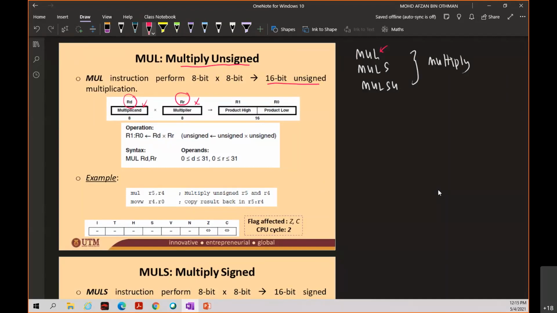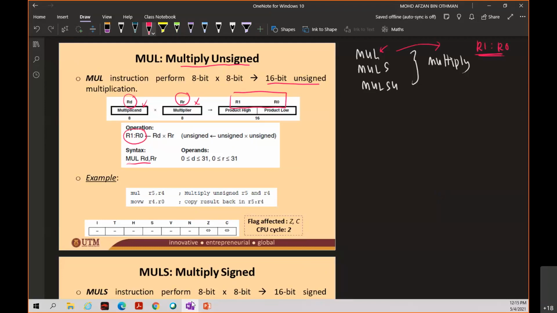This result will be stored inside R1 and R0. Every time you use the multiply, the result will be stored inside R1 and R0. The operation here is RD multiplied with RR, and the result will be stored in R1:R0.